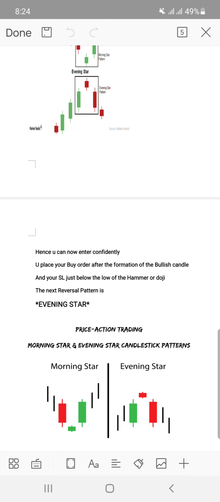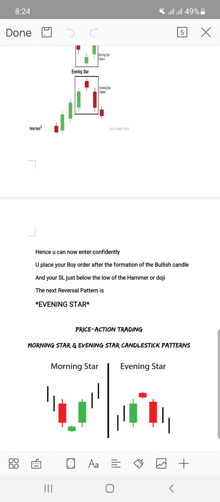This is one among the candlestick patterns that involves three candles. In the beginning of the class, we talked about single candlestick patterns like the hammer and doji, hanging man, inverted hammer, and shooting star. I said that it is always better to combine two or more candlestick patterns for better confirmation.